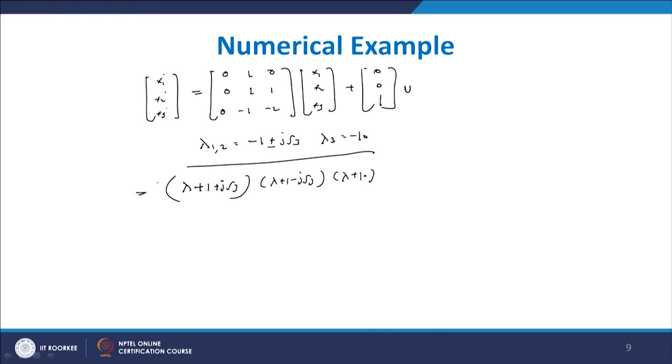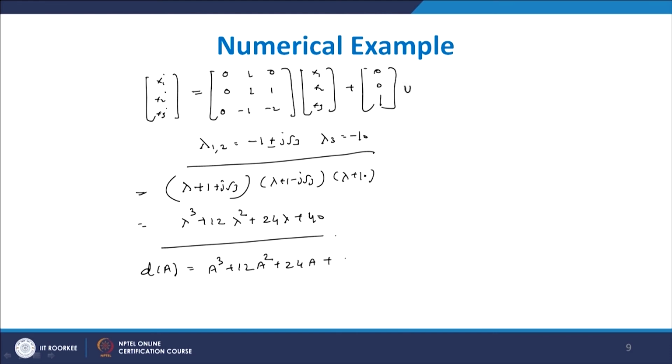If you solve these, you will get lambda cube plus 12 lambda square plus 24 lambda plus 40. This is the desired characteristic equation. According to the Cayley-Hamilton theorem we take phi of A as A cube plus 12A square plus 24A plus 40 I. This is phi of A.